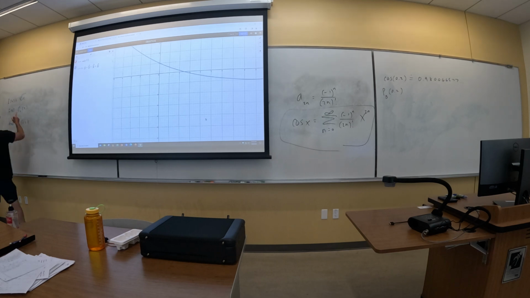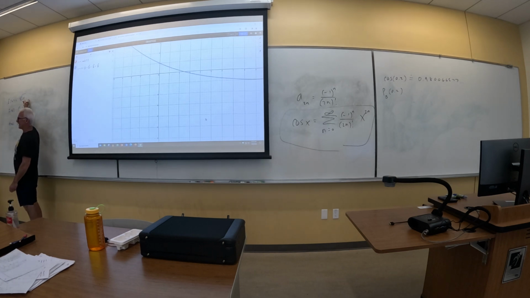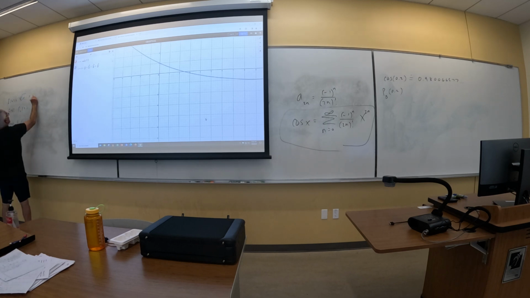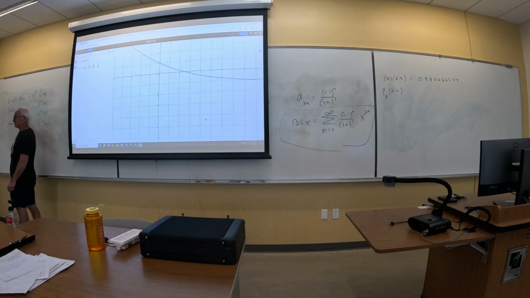Now, the key is when I take derivatives of this, I can't evaluate them at 0, can I? Let me rewrite this as x to the 1/3. So what's f prime of x? What's f double prime, triple prime, fourth? By the way, that tells me how many derivatives I need pretty much.